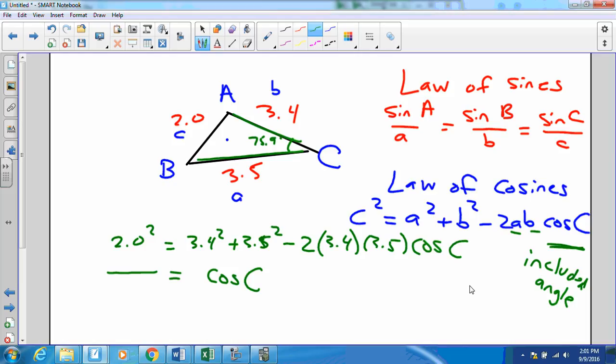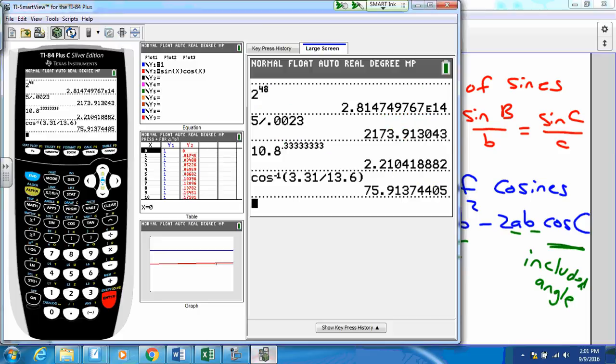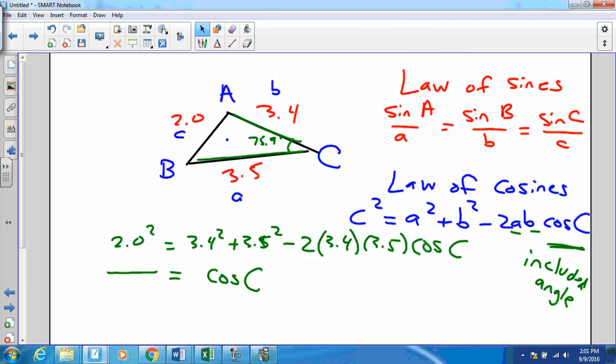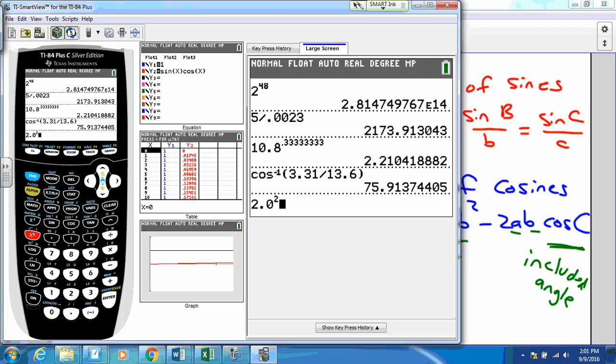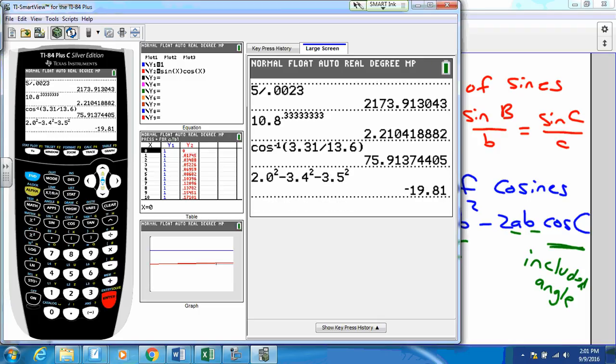In the calculator, we're going to subtract both of these. So let's do that. That's going to give us 2.0 squared minus 3.4 squared minus 3.5 squared. And that gives us all of that squared. And then we're going to divide by, don't forget your parentheses here, negative 2 times 3.4 times 3.5.